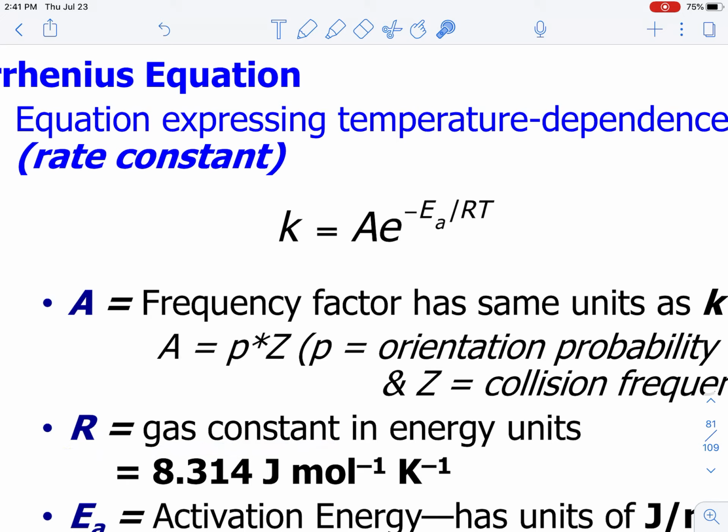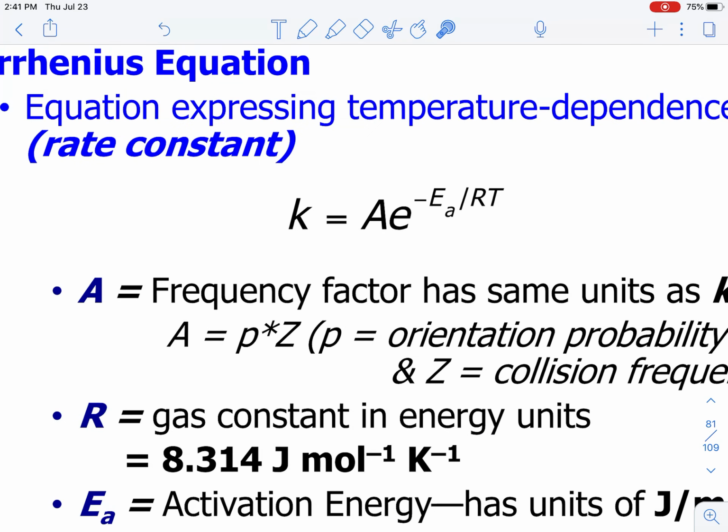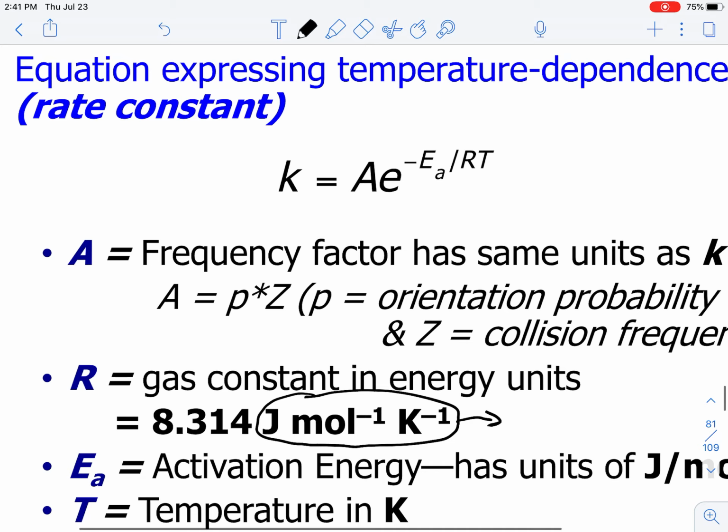However, it's the gas constant with units of energy. And so the value that we're going to be using is 8.314 joules per mole per Kelvin. Now, to lessen the confusion, we can also rewrite the unit of R as capital J over mole times Kelvin.